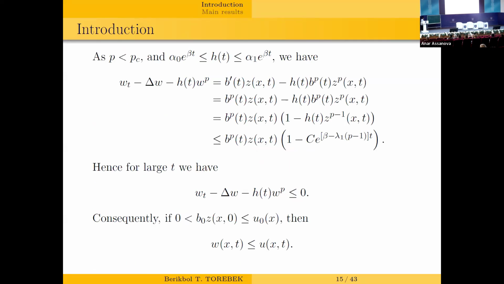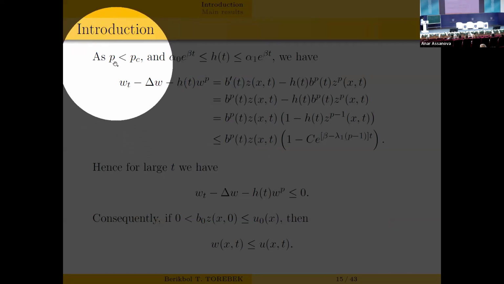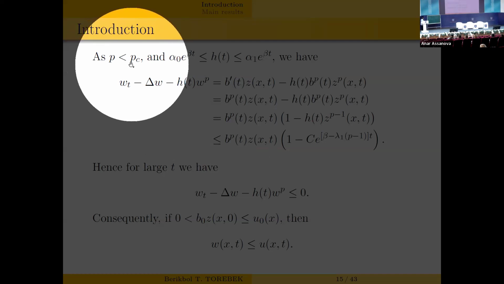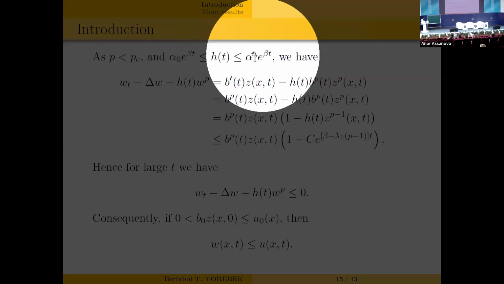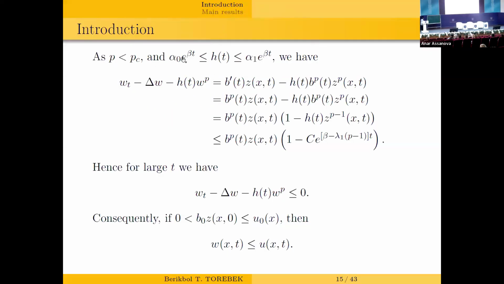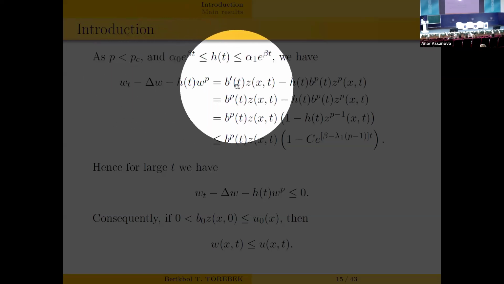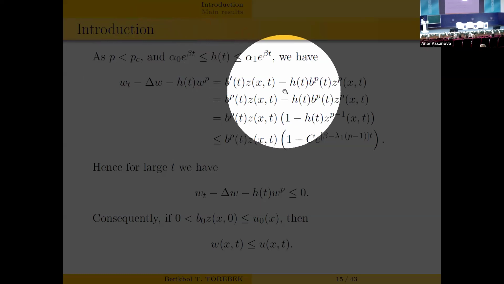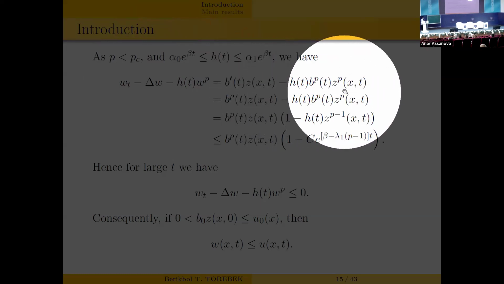Then we can put this function v into our equation. If we assume p is less than this critical number and h of t satisfies this property, then calculating this one, we have here the first derivative of b of t, here z, and minus h of t, b to the power p, and z to the power p also.